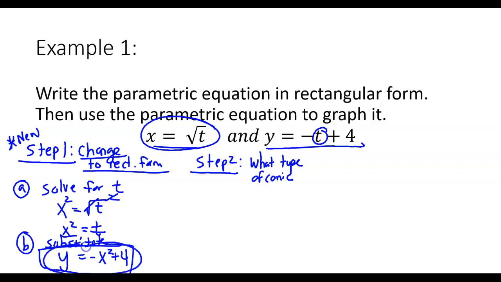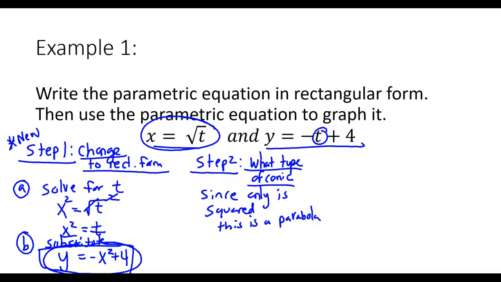Well, as you guys can see, there's only one variable being squared. So since only y is squared, that means this must be a parabola. But we need to write this now in the right format.